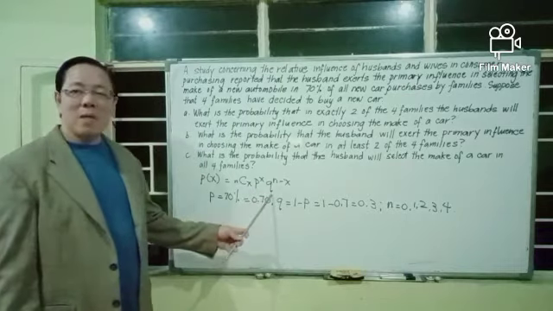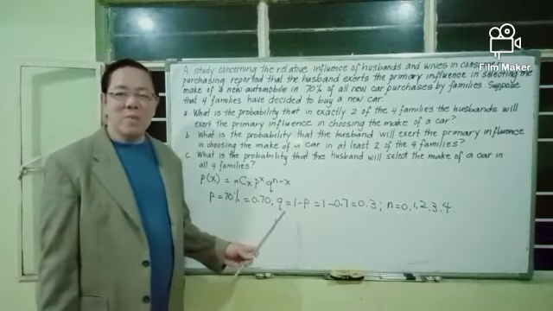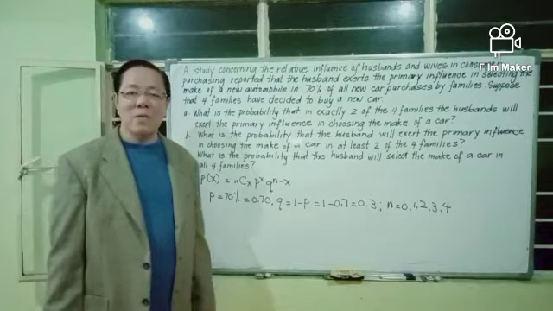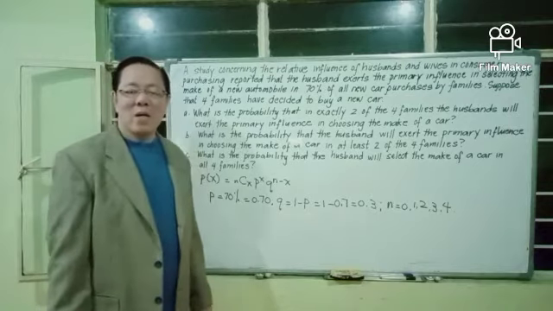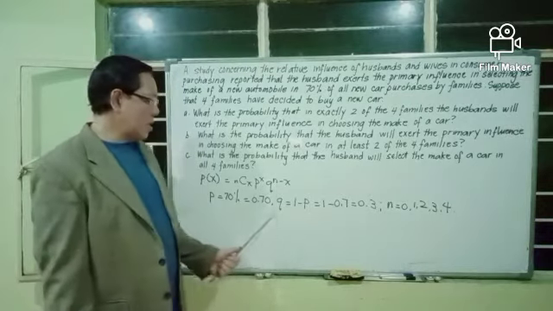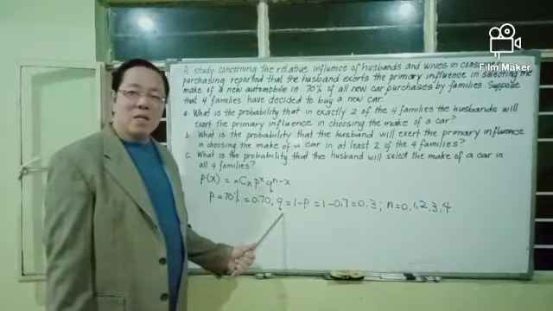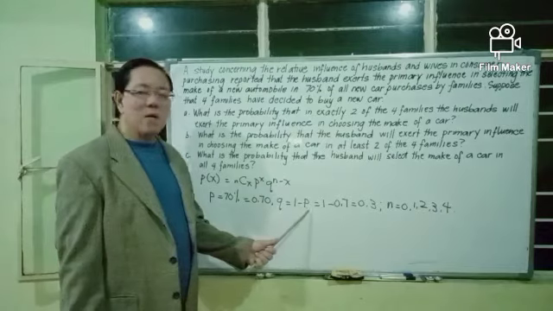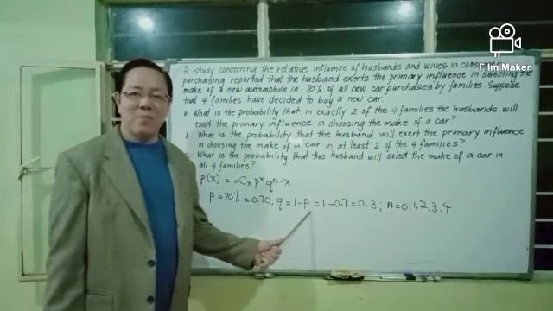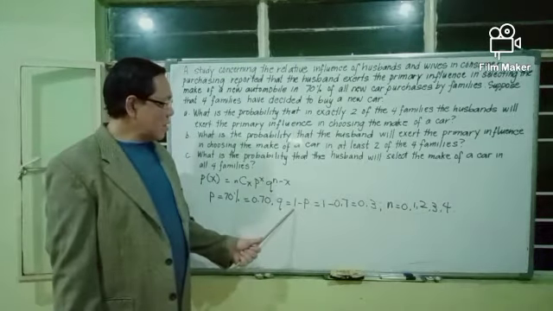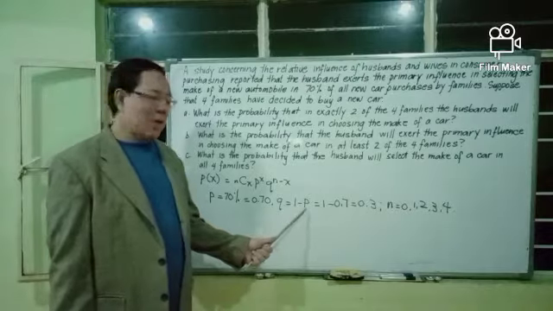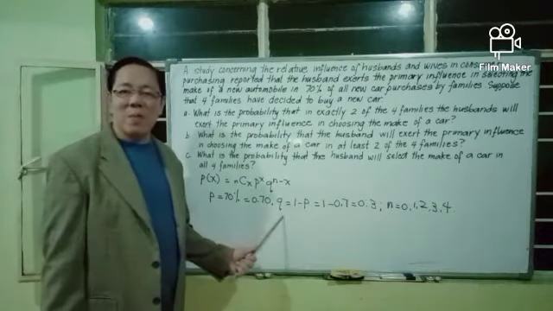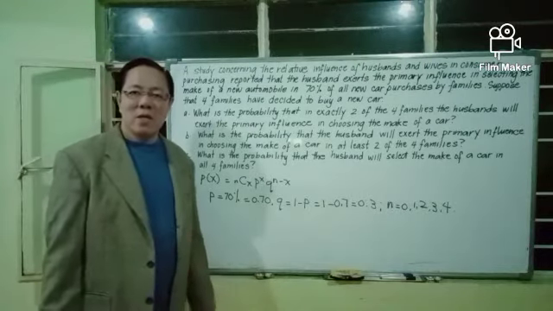Q here is the probability of failure. That means the probability that it is not the husband who decides on the make or brand of new car to purchase. And the probability of failure is 1 minus P, or the complement of P. And we have 1 minus P because the probability of success plus the probability of failure is equal to 1.